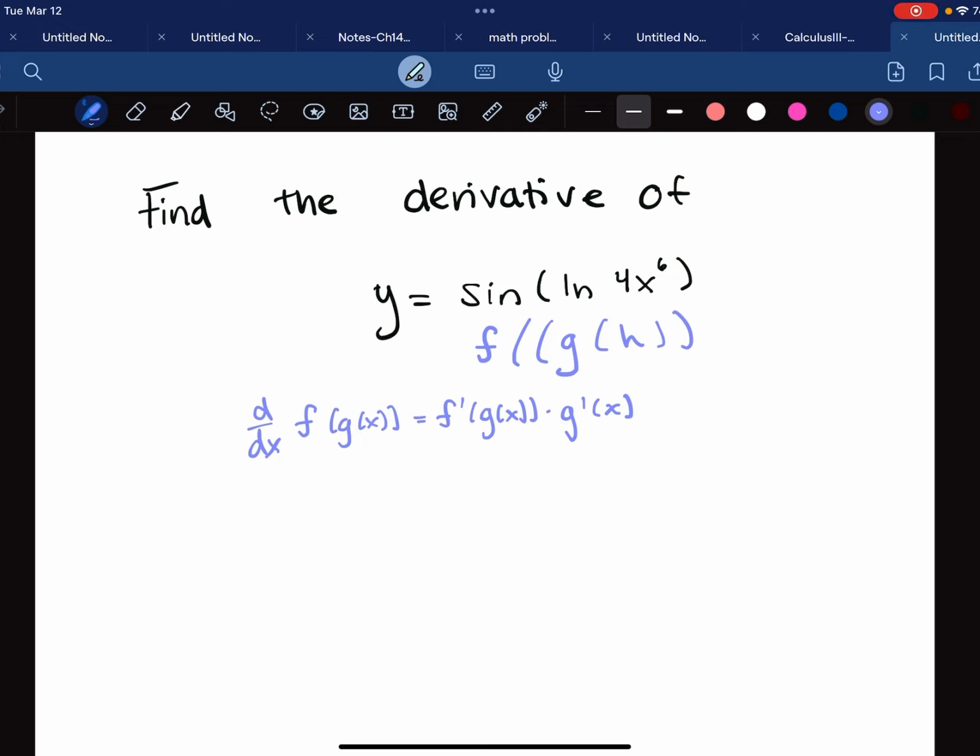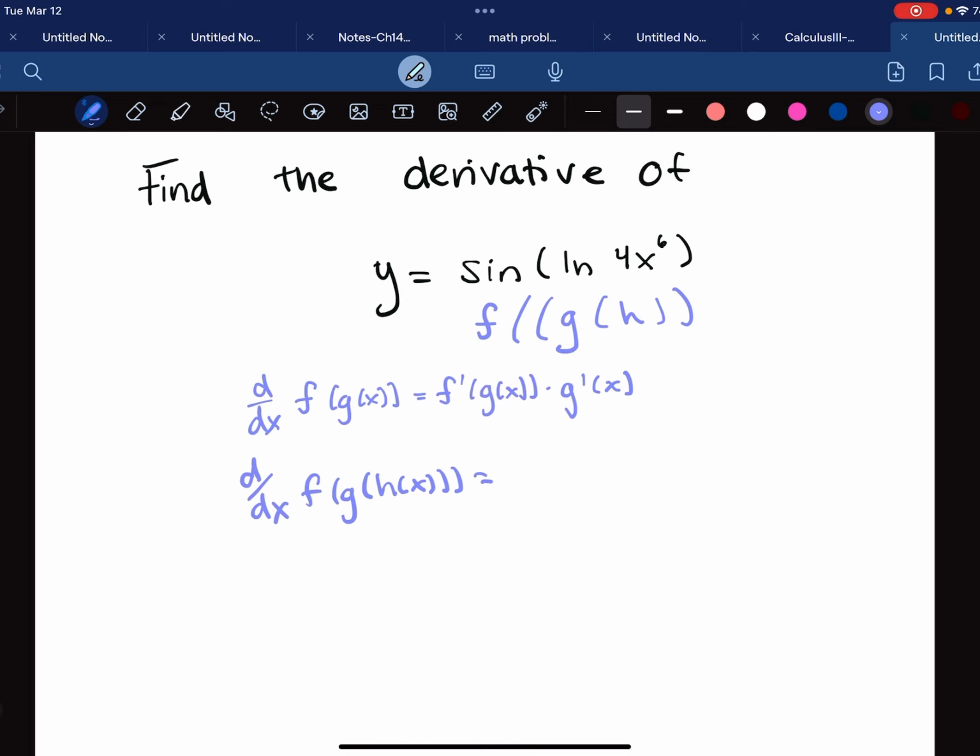But since we're working with three functions here, instead we have f of g of h of x. This is going to be equal to the derivative of f of g of h of x times the derivative of g of h of x times the derivative of h of x.